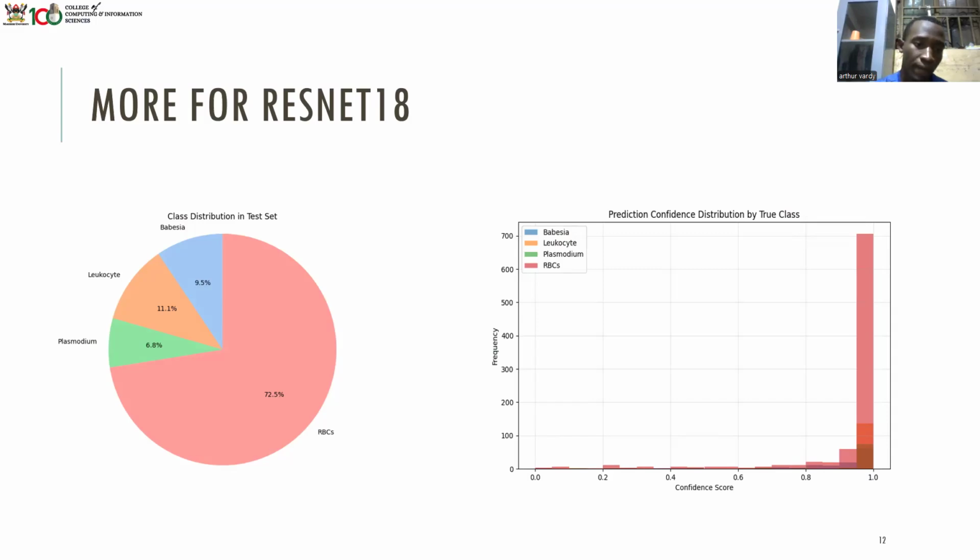Then our plasmodium consists of 6.8%, leukocyte 11.1%, and Babesia 9.5%.